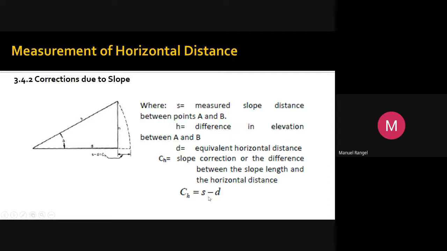So CH, the correction due to slope, is equal to S minus D. Why S minus D? It is obtained by the rules of trigonometry.